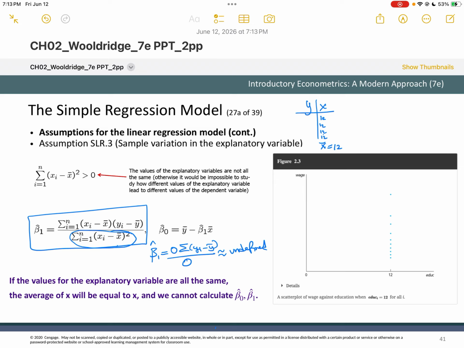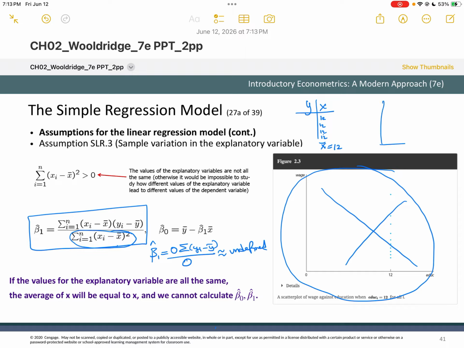So just like the figure on our right hand side here, we don't want this. What do we want? If it's an upward sloping relationship between y and x, then we want some variation in x, or enough variation in x so that we can identify beta 1 hat.